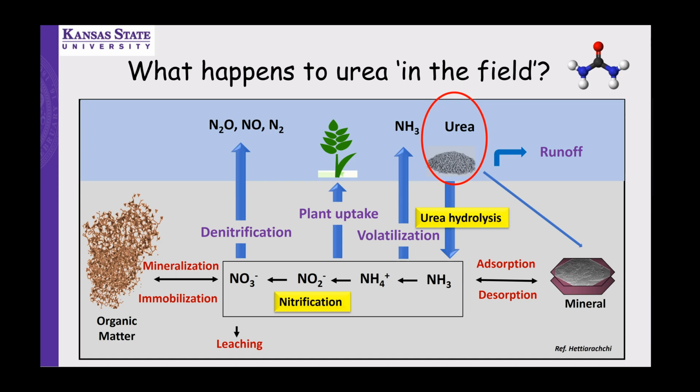And then there is a second step, and that's the nitrification. These kinds of breakdown processes are carried out by naturally occurring enzymes. So if we want to maximize plant uptake, ideally we would first of all slow down the hydrolysis, meaning the breakdown of urea.